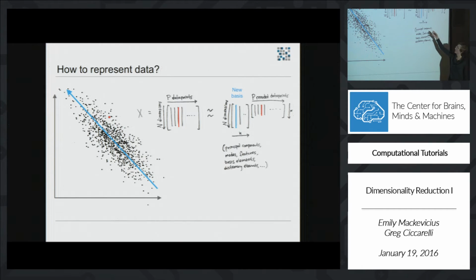What you're doing in these machine learning and dimensionality reduction techniques is often taking a large matrix of data and rewriting it as a multiplication of 2 new matrices, one of which is your recoded data points, in this case the position along the blue line, and the other is this new basis, this translation between your recoded data and your original data.